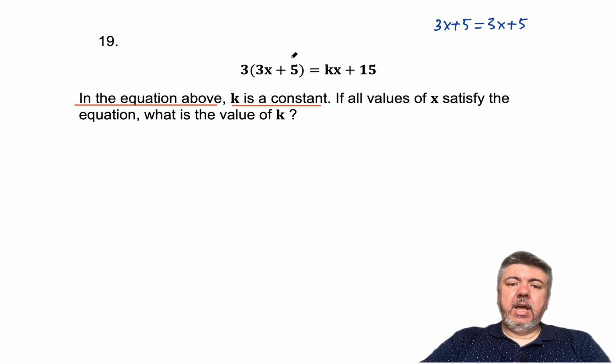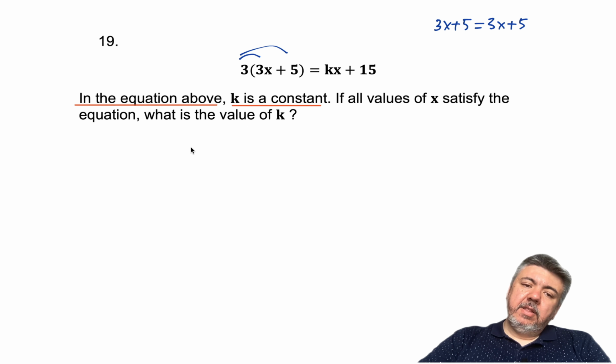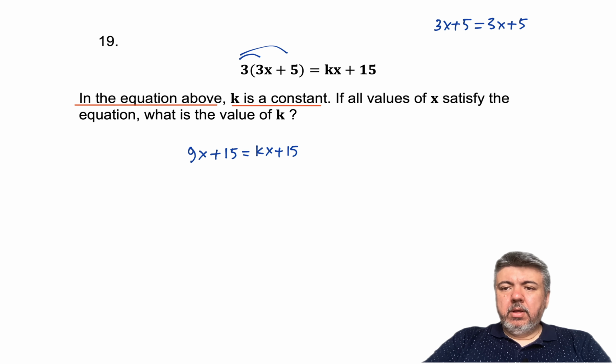So look here. Expand this parenthesis like this: 9x plus 15 equals kx plus 15. So plus 15 is okay. We're good with them. So 9 should be equal to k. Actually, k should be equal to 9.